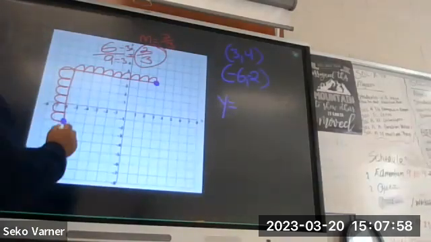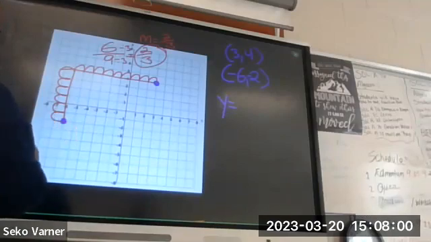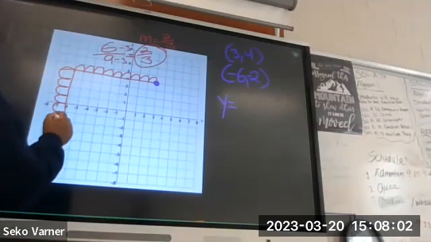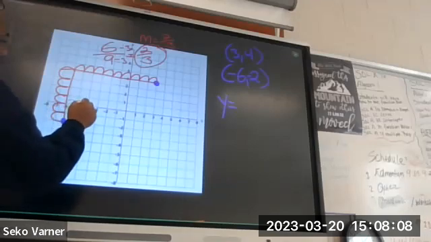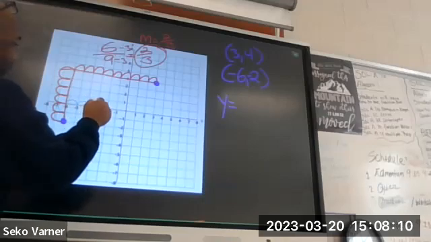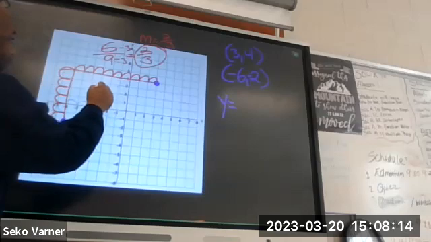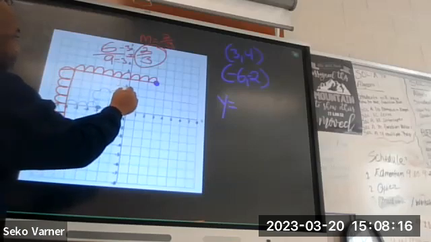Okay? So I can do this now. Let me do it with a different color. Light blue. All right. I want to go up 2 over 3. 1, 2, 3. Oh, did I cross the y-axis? Yeah.